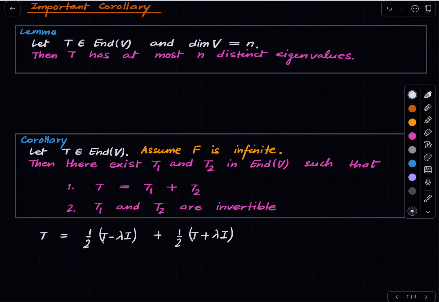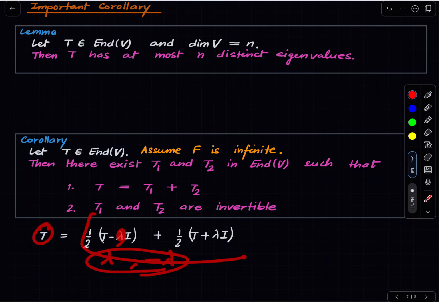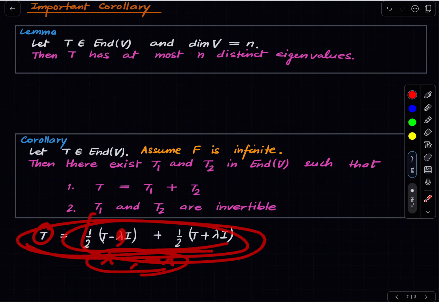So that is how we write T. And pick a lambda such that neither lambda nor minus lambda is an eigenvalue of T. That can be done because the field is infinite and there are only finitely many eigenvalues. So pick a lambda such that neither lambda nor minus lambda is an eigenvalue of T. Now we write T in this fashion. This equation is obviously true.